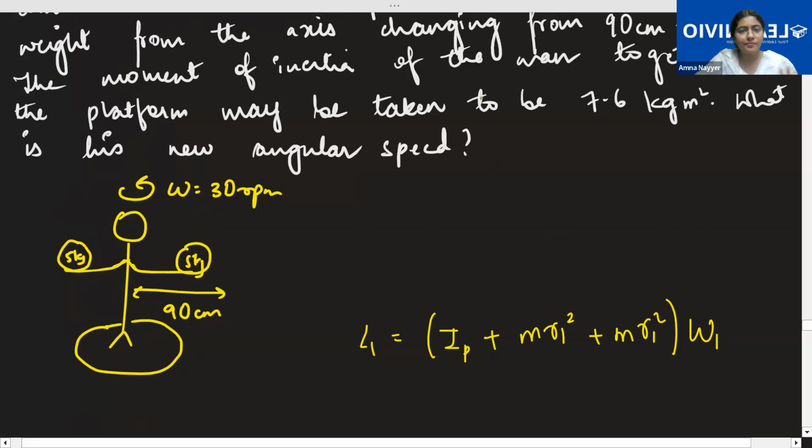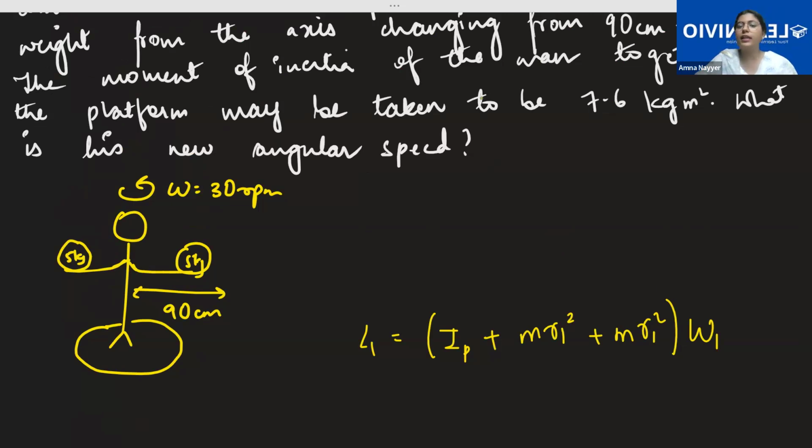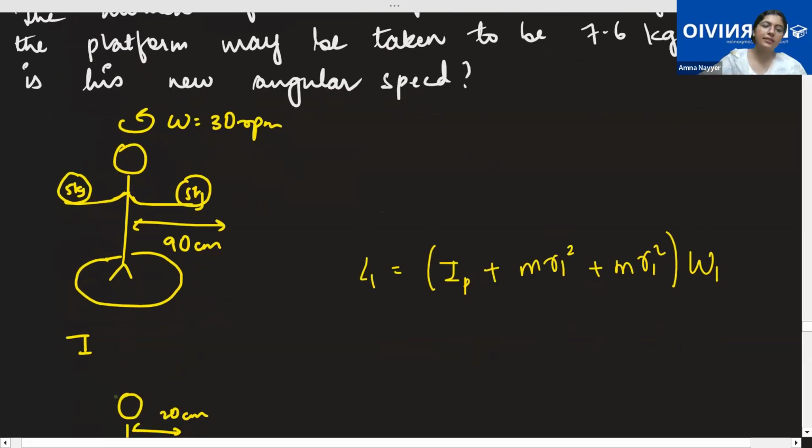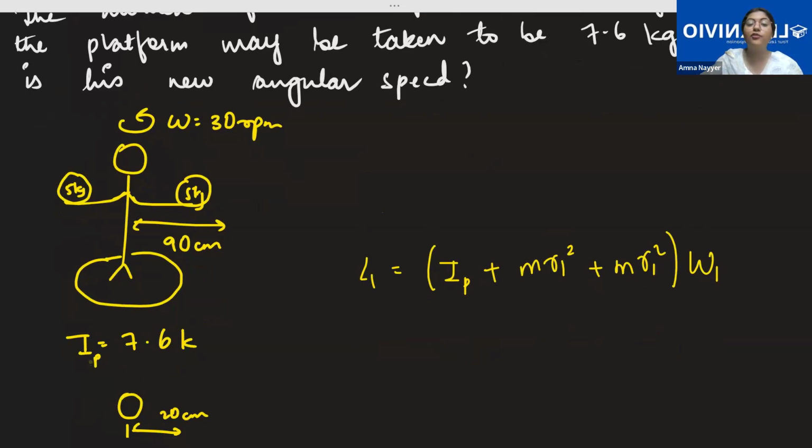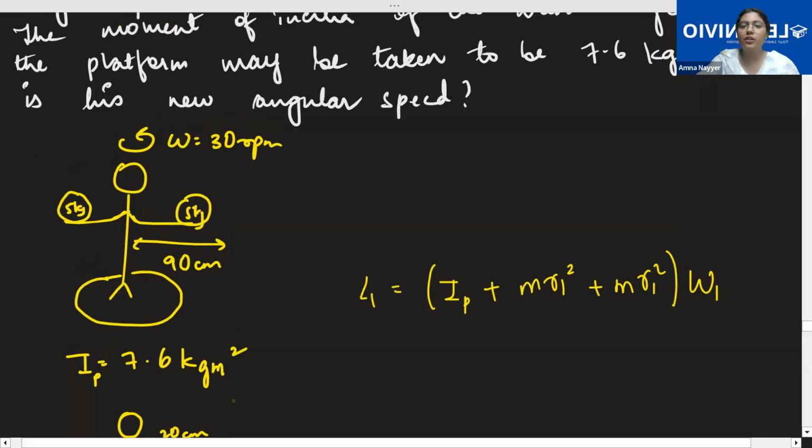The platform and the man together have a moment of inertia of 7.6 kg m squared. This is not the moment of inertia of the weights that he is holding.